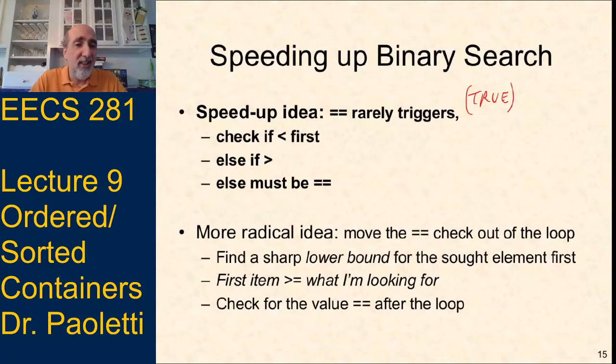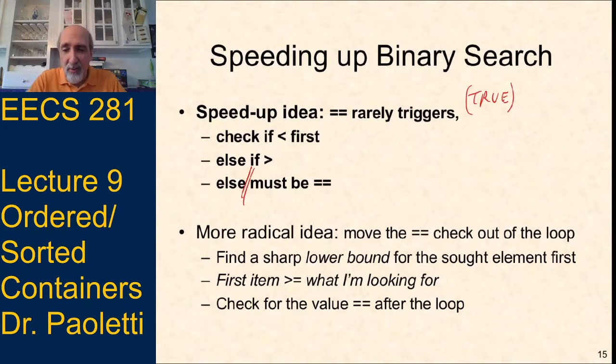So let's check less than first, else I'll check if it's greater than, else I'm not even going to do a check for equality, else it must be equal. Or I could just put a comment there, else it must be equal. That's the simple thing we're going to do, just reorder the tests.